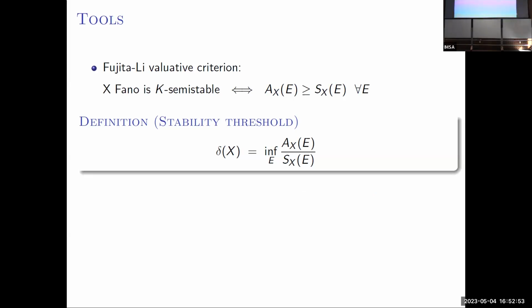I don't want to go too much into details, but this can also be interpreted as a limit of log canonical thresholds of certain anti-canonical divisors. This uses a lot the work of Birkar, and it gives us a different interpretation of this invariant.